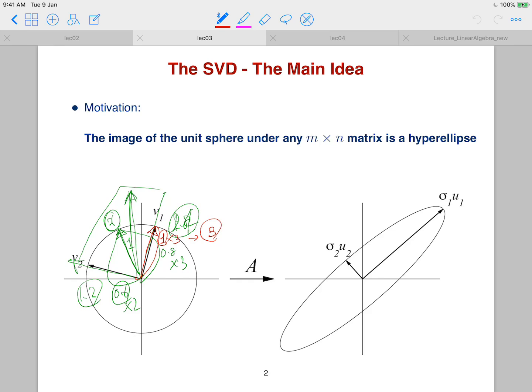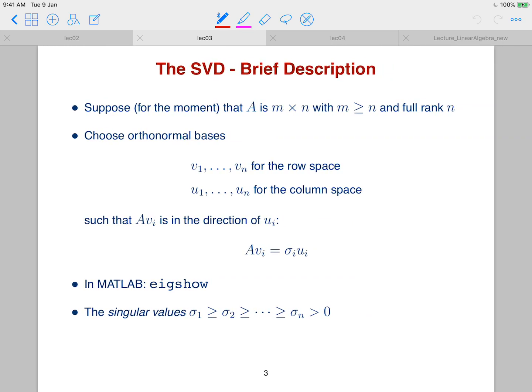Okay. And so we can understand the determinant of a matrix in this manner.